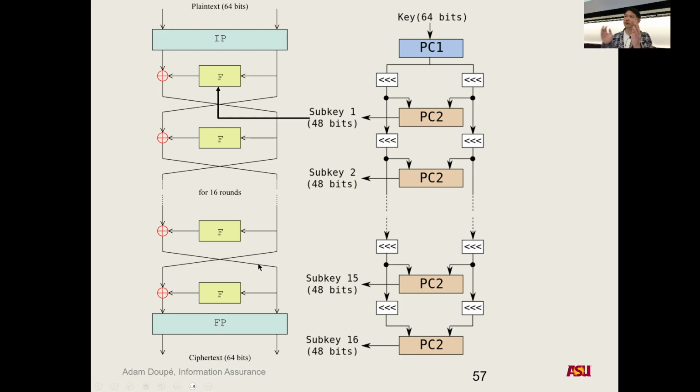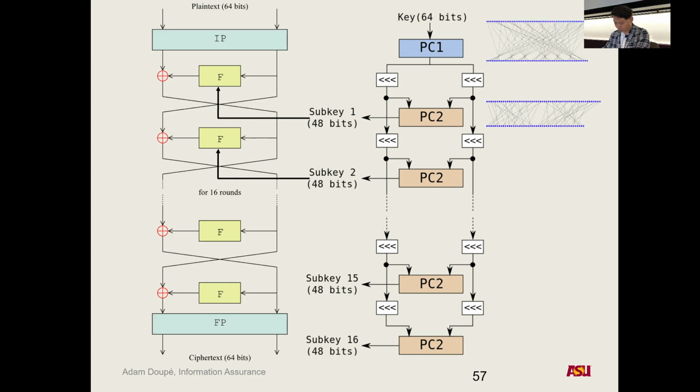Okay, so the 32-bit halves of the plain text are mixed with the sub key. Here there are 16 sub keys, which means 16 rounds. These 16 keys are used to mix the plain text, and you can see this is the permutation matrix.